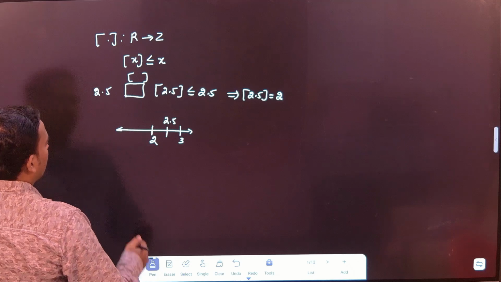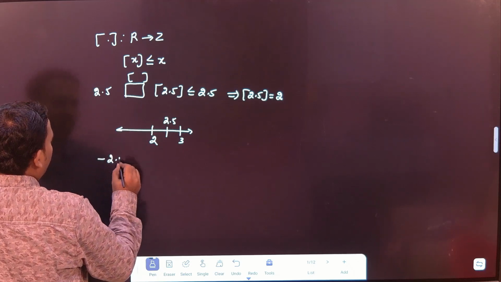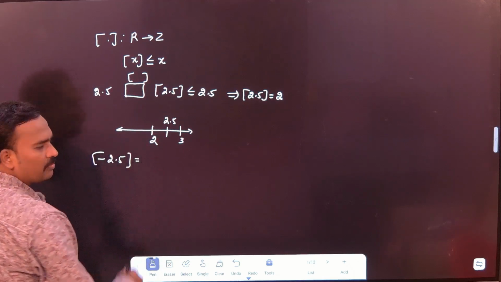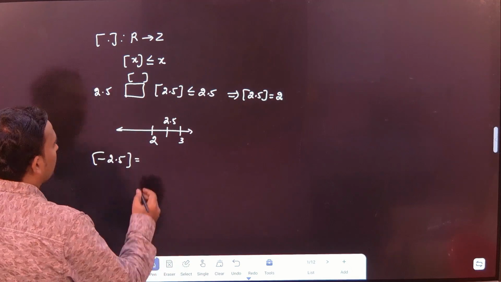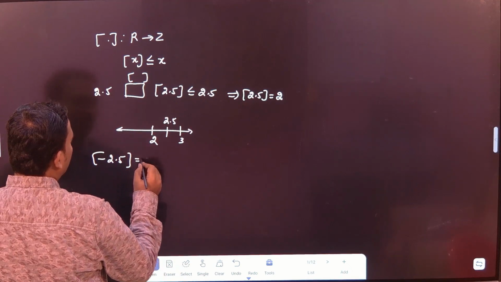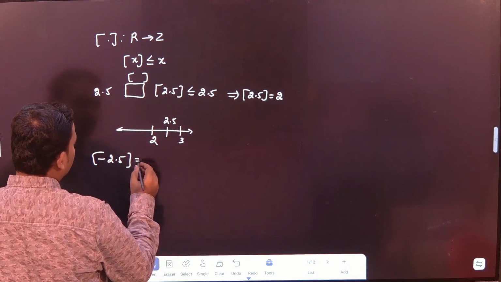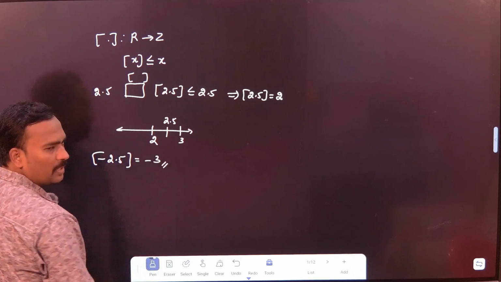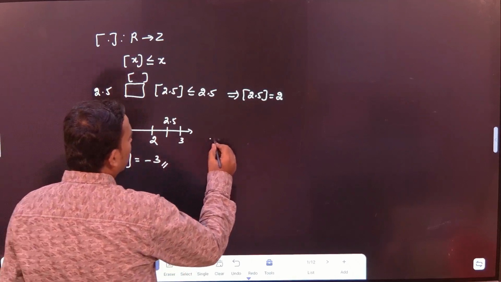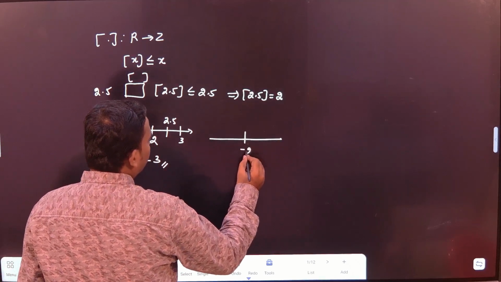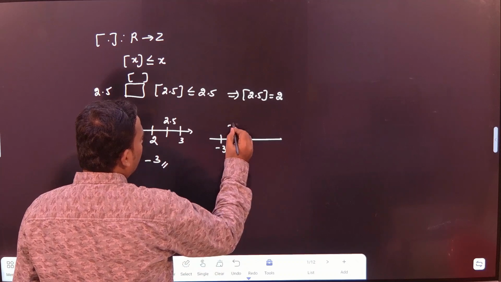Let's take minus 2.5. What is the greatest integer function of minus 2.5? That will be minus 3, right? Why? Because on the number line, this is minus 2, this is minus 3, and here is minus 2.5.